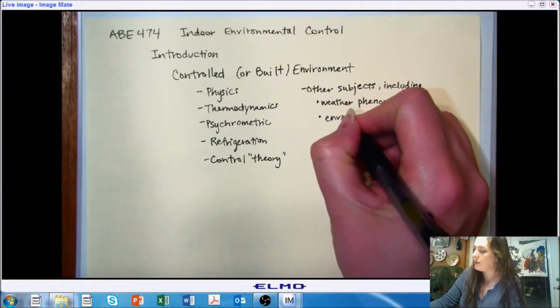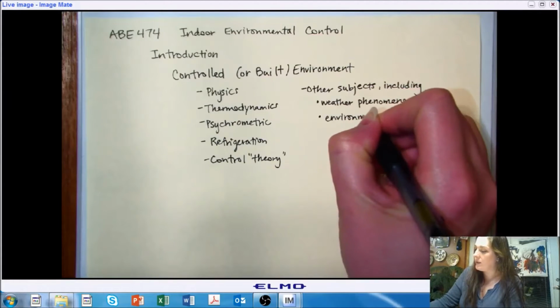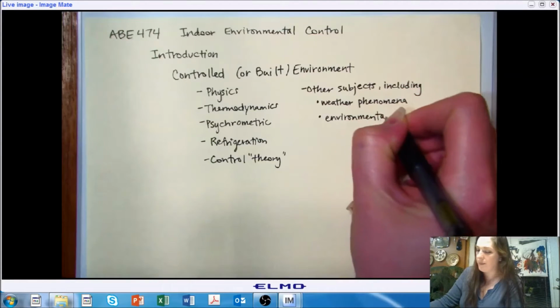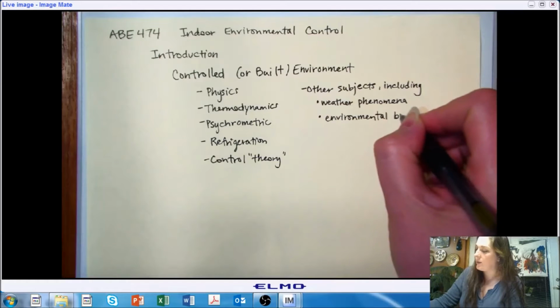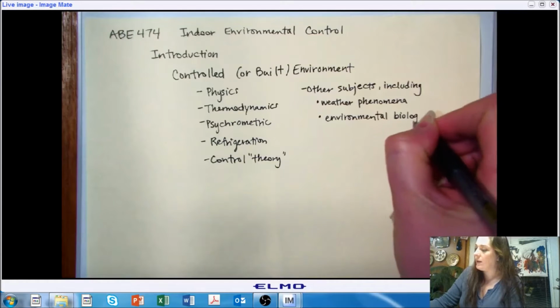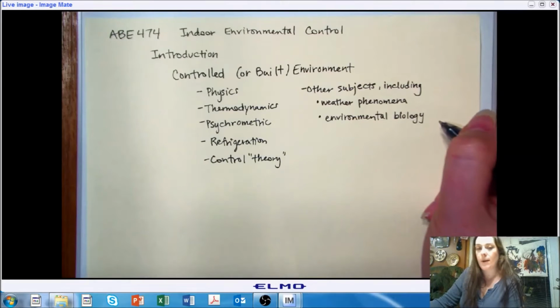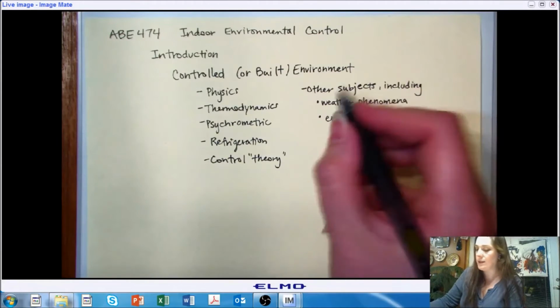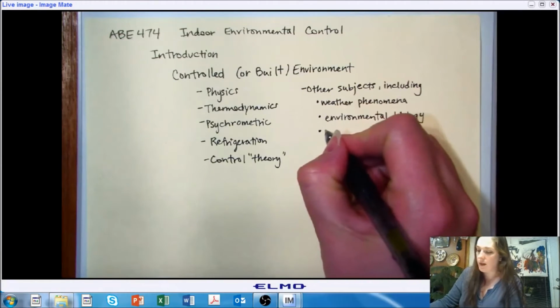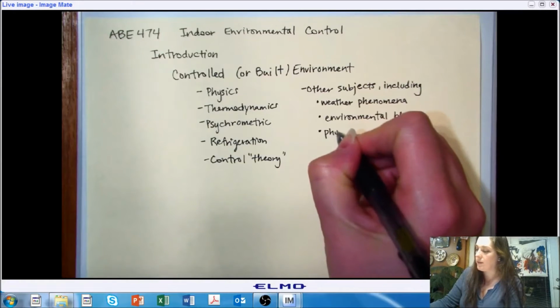Environmental biology. So for this class, as we discuss environmental control, we are going to be looking at analysis of systems that are occupied by biological organisms. So it's important to understand a little bit about the occupants of our systems.